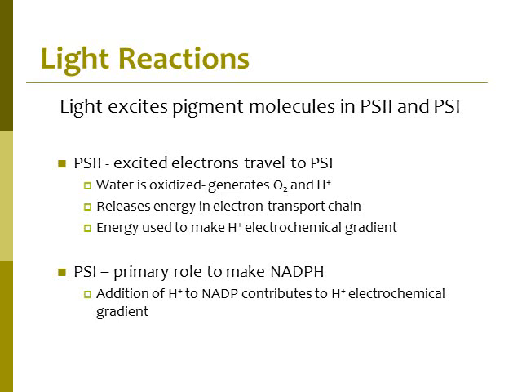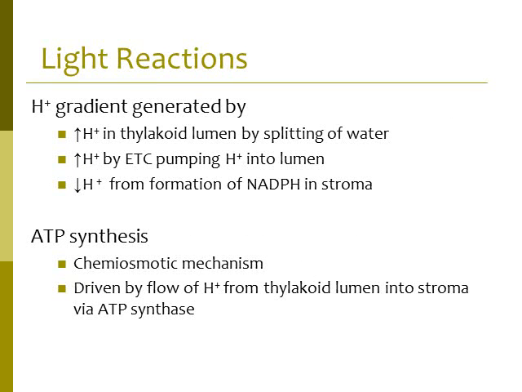And this helps to create that electrochemical gradient as well, which I'll show you right here. So it's a hydrogen electrochemical gradient that we're going to use for chemiosmosis. Inside of the thylakoid, called the thylakoid lumen, we get hydrogens increasing from the splitting of water. The hydrogens increase inside the lumen because of that electron transport chain pumping more hydrogens into the lumen.